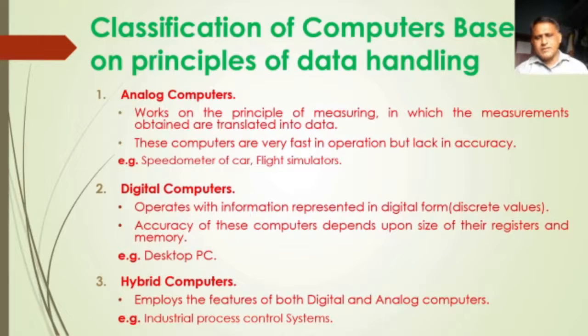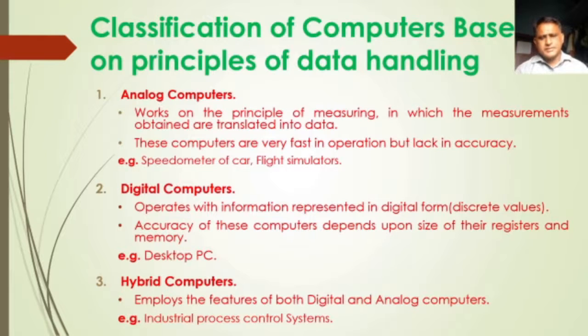Then we have the hybrid computers. These computers employ the features of both digital as well as analog computers. Some parts of these computers work in analog mode, and some other parts work in digital mode.